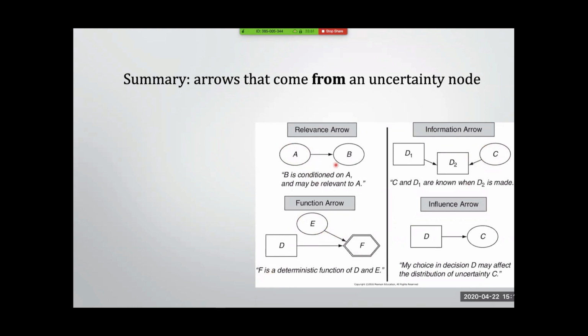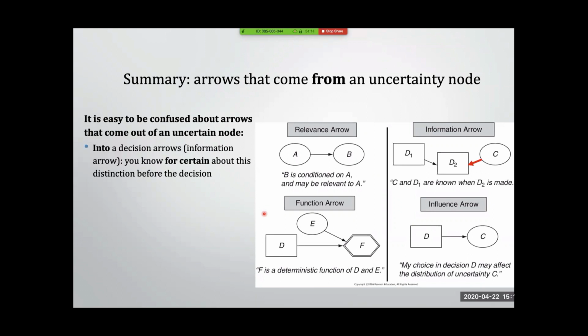How do we differentiate among these three types? The first caution is that it is easy to be confused about the arrows that come out of an uncertain node. You need to look at where it is going into in order to differentiate them.